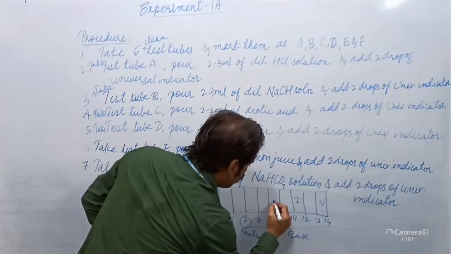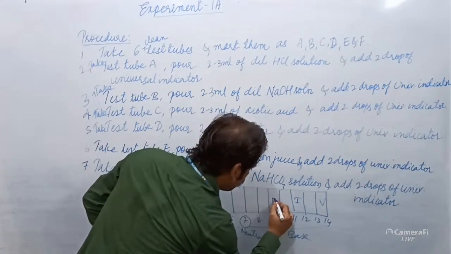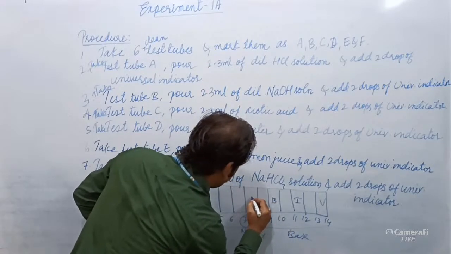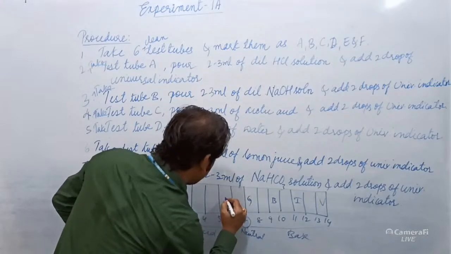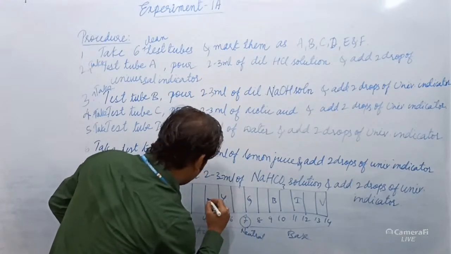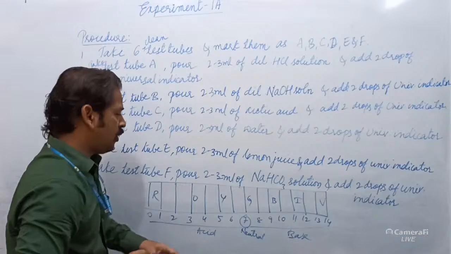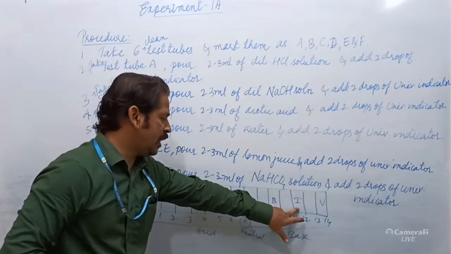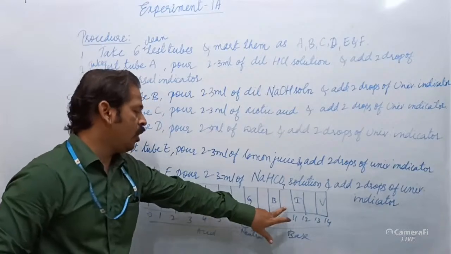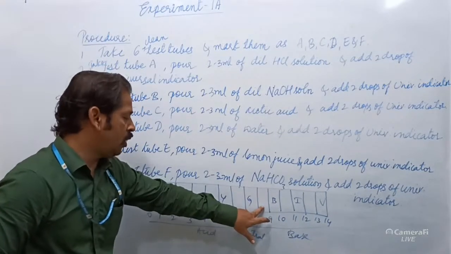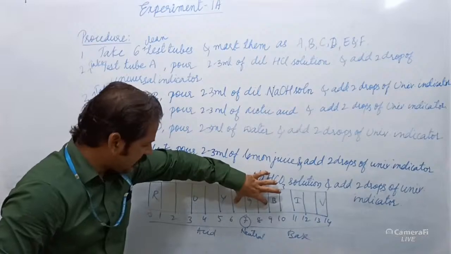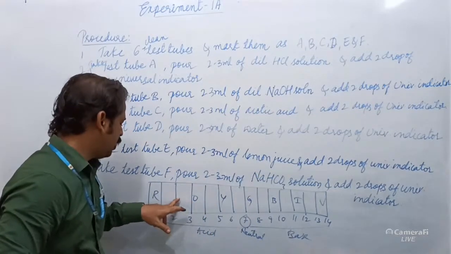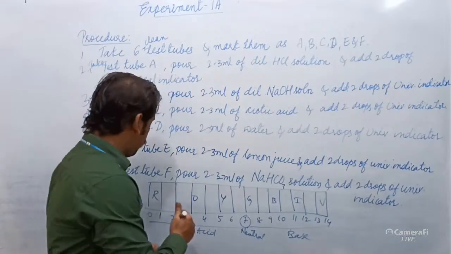Violet, indigo, blue, green. See here how the range is: dark violet, light violet, dark indigo, light indigo, dark blue, light blue, green, light green, yellow, light yellow, orange, light orange, red, and very dark red.